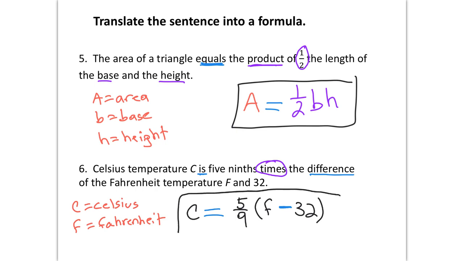And this is actually a true formula for people to convert Fahrenheit to Celsius. So if you want to know how many Celsius is 100 degrees Fahrenheit, well, F is going to be 100. You substitute here 100, you subtract 32, and whatever that quantity is, you multiply by 5 over 9, and that's going to be in Celsius.